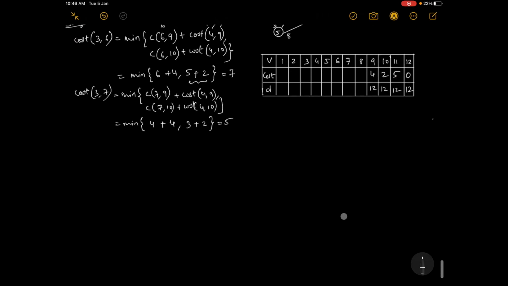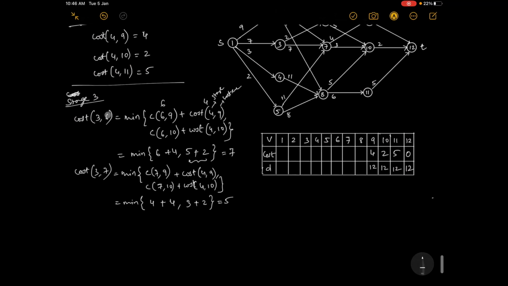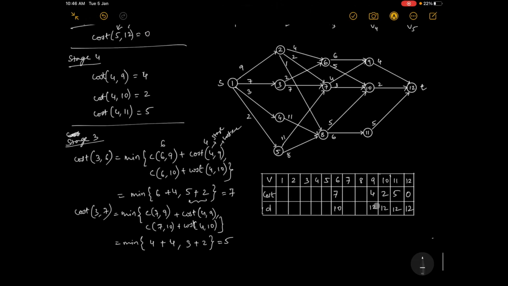So we have to write these values. In vertex 6 the value is 7. So who has given us the minimum? This 7 result. Who has given us the minimum? This one. So which vertex? Yes, 10 is the vertex. 10 is the vertex which has given us the minimum. Yes or no?